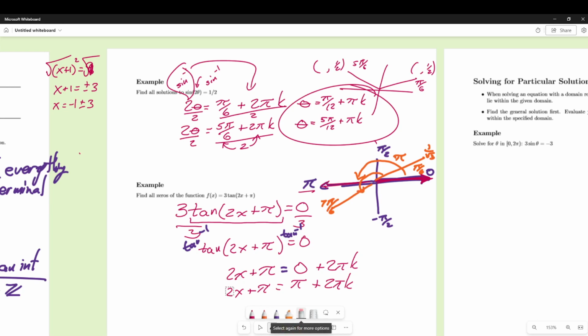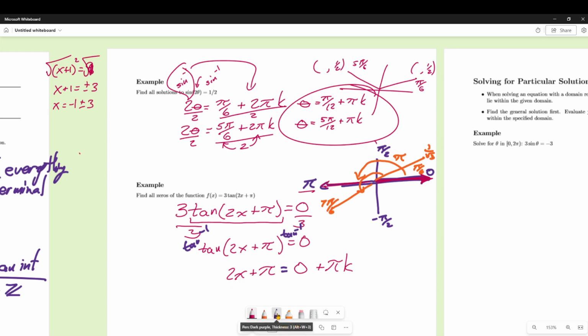So the nice thing about tangent is we don't need two pieces. We can always get away with tangent of just doing one piece and adding pi k instead, because tangent has that natural reduced period. So tangents tend to be nice. We just got to be a little careful.